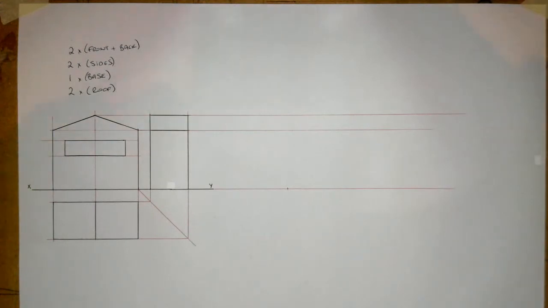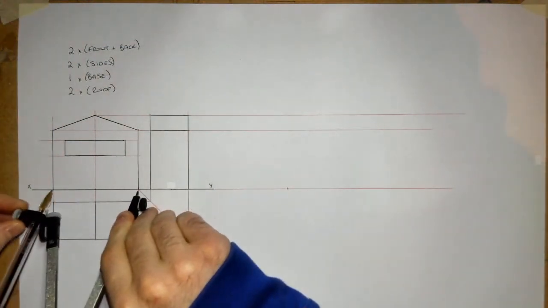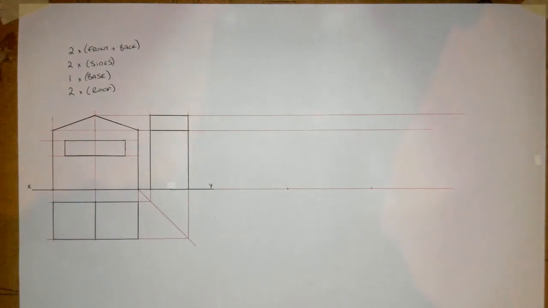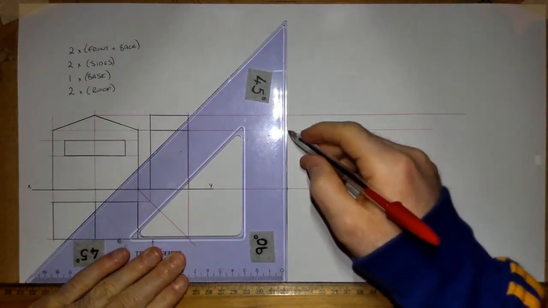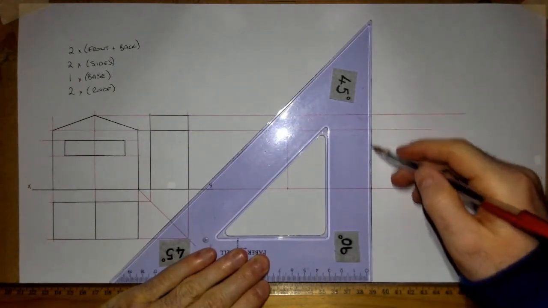And what I'm actually going to do is I'm going to use my compass this time, and I'm going to take this length here, which is 68, and I'm going to mark it from that point. Okay, because it's a true length, I can just take it like that. I could have just measured it as well, and from there to there, that'll come up to here.